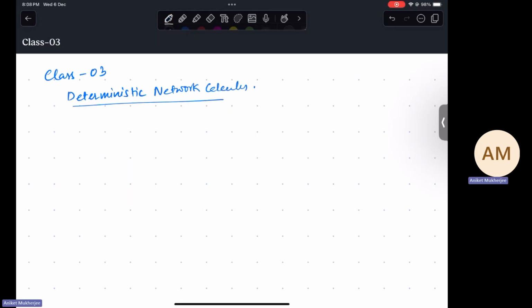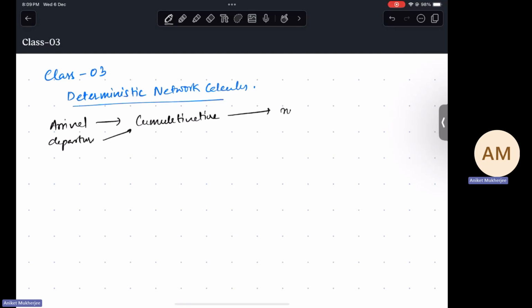So last class we saw how we model arrival characteristics using cumulative functions, and also departure processes using cumulative functions. We saw some properties of cumulative functions such as non-decreasing, piecewise continuous, and left continuous.